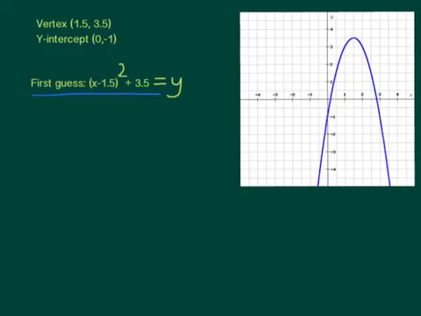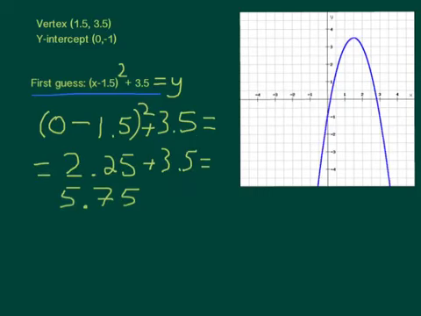We're going to get 0 minus 1.5 squared plus 3.5, which equals 5.75.